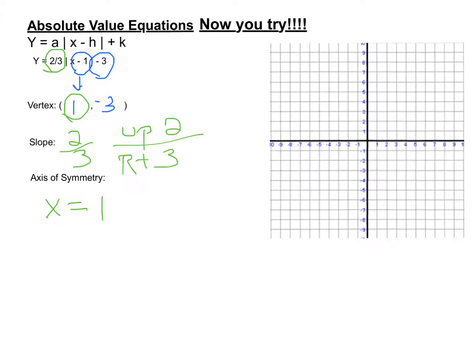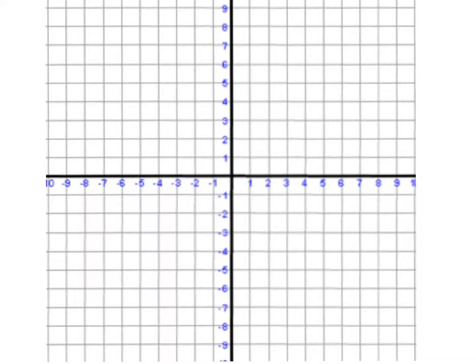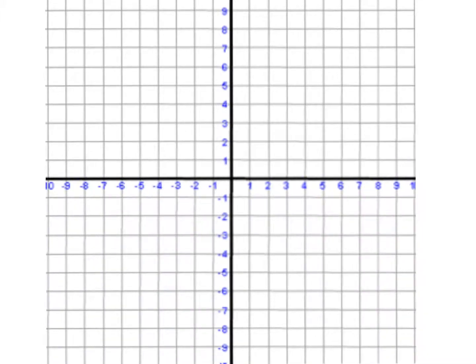The first thing we graph, of course, is the vertex, which is 1, -3. So -3 down, 1 over. Right there, pretty close.